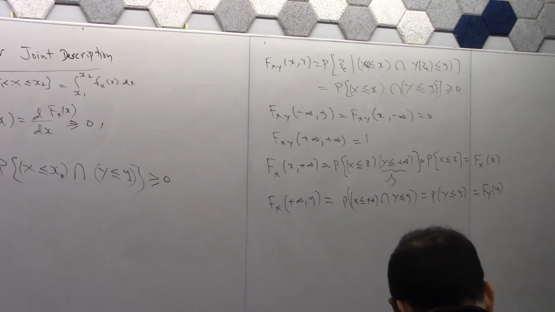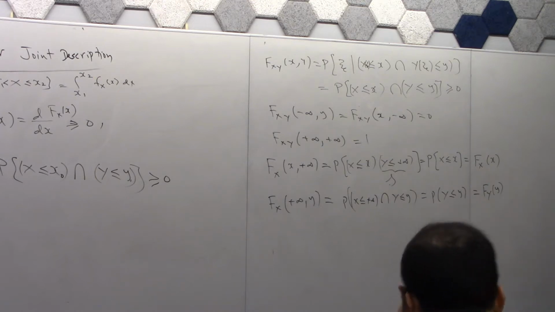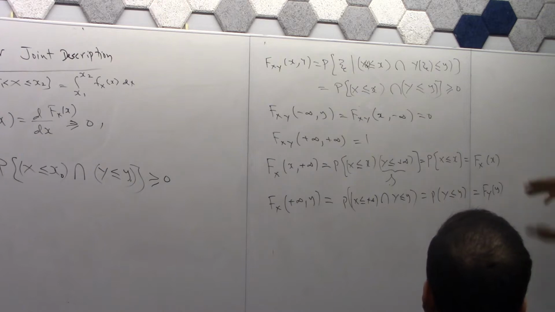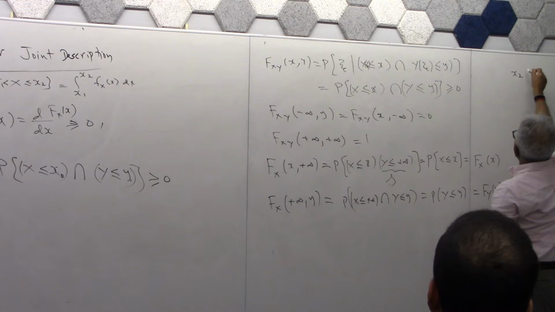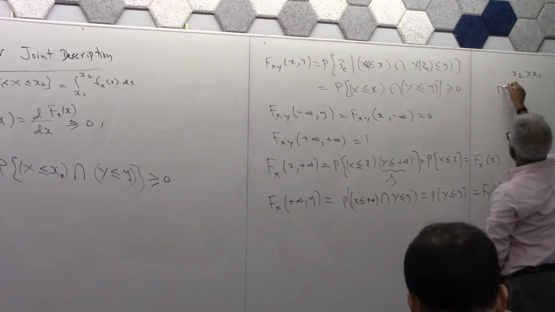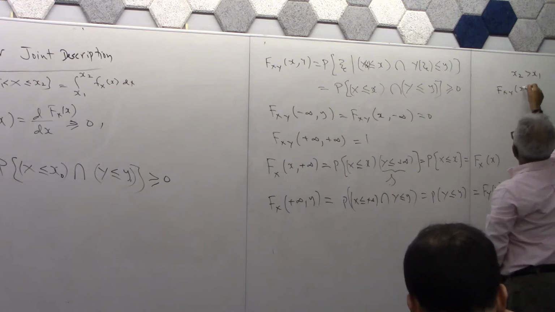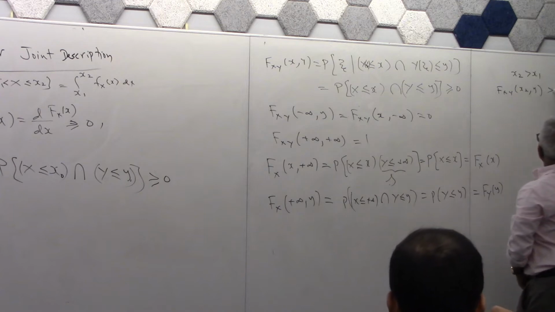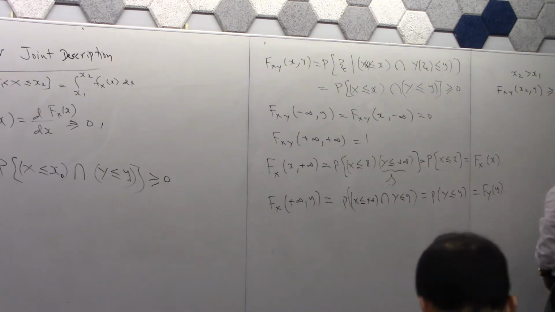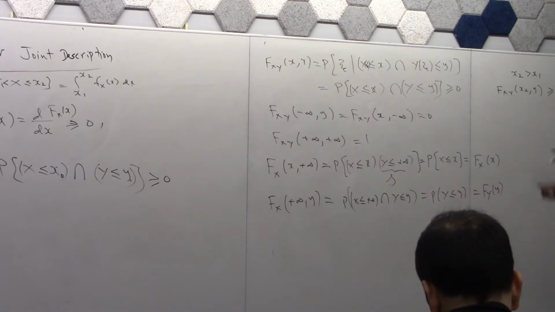Also, I'm going to show that this function is monotonically non-decreasing. In other words, if x2 is greater than x1, I'm going to show that F_XY(x2, y) is at least F_XY(x1, y), and it is true the other way also.